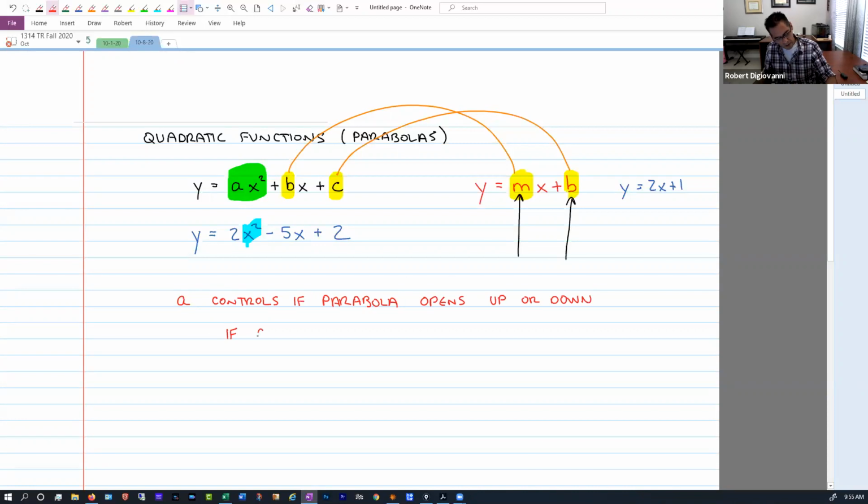If A is a positive number, so greater than 0 means positive, then the parabola is going to go like this. It's going to open up, right? If A is negative, then the parabola is going to open down.